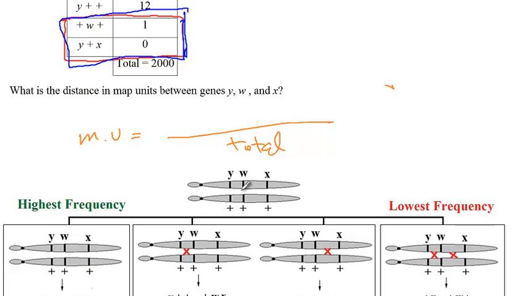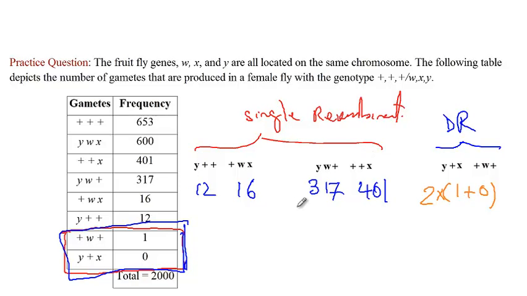Again, for the double recombinants between Y and X, there have been 2 crossovers. It wouldn't have been the case if we were talking about Y and W, because that would have been 1 crossover. Or between W and X, that would have been just 1 crossover. But in this situation, since Y and X are too far apart, it could have 2 crossovers, and so we multiply the value by 2. Okay, so these are the values that we got.